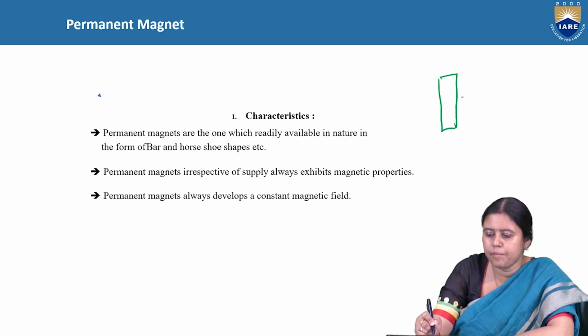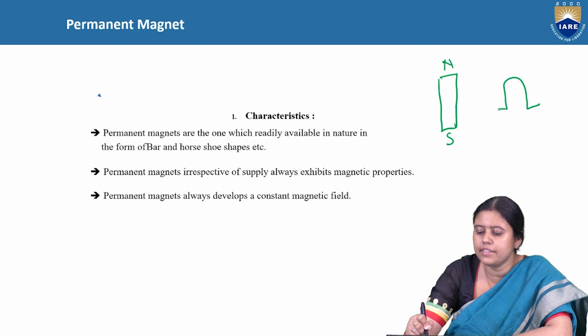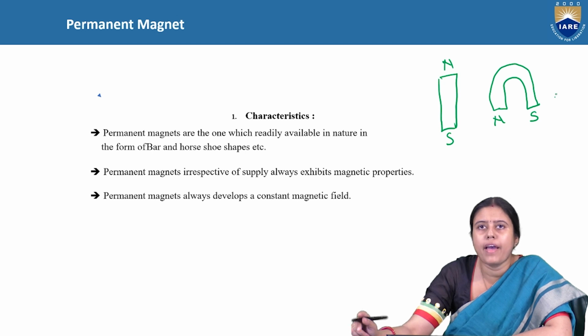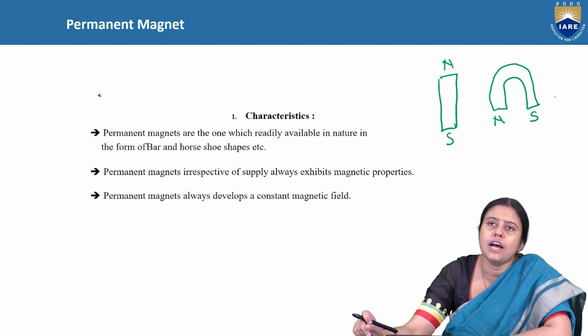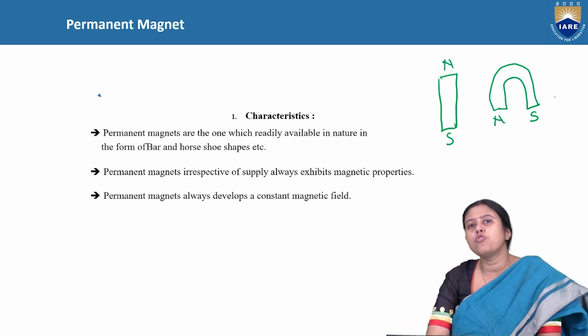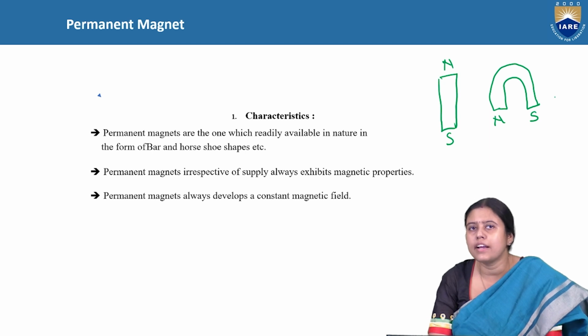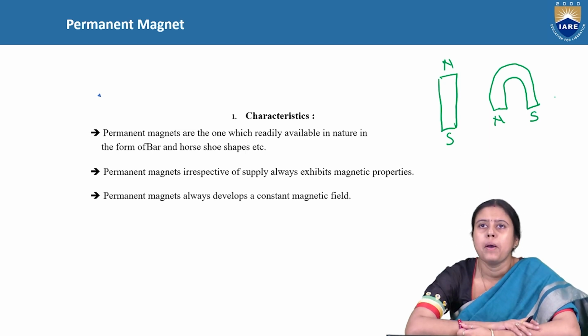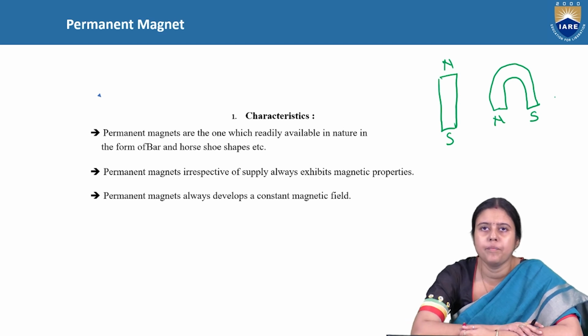It may be like the bar, with North Pole and South Pole, or like a horseshoe shape, with North Pole and South Pole. Permanent magnets, irrespective of supply, always exhibit the magnetic property. So for a normal magnet, we need no external source or external current. It will always show the permanent magnetic property.